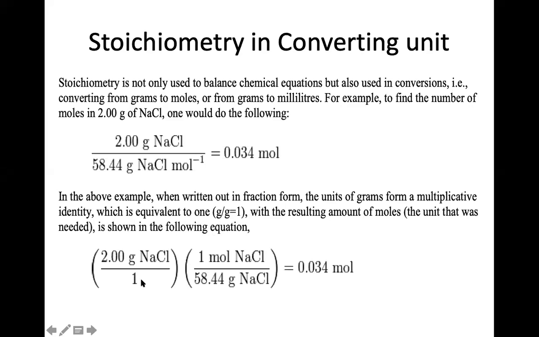If you consider that 1 mole of sodium chloride is equal to 58.44 grams of sodium chloride, then the ultimate amount is 0.034 moles. You can calculate it because if you know that 1 mole of sodium chloride is 58.44 grams, then obviously you can calculate how many moles are in 2 grams of sodium chloride. By using simple mathematics, you can do it your own way.